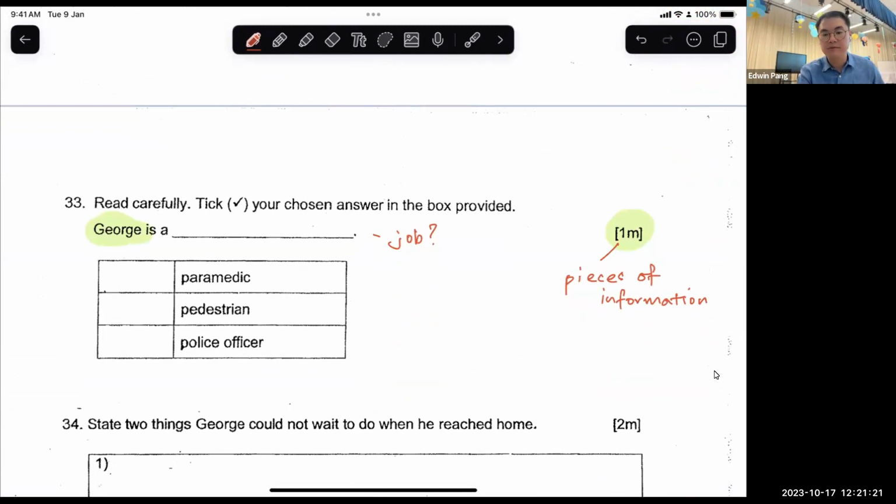Unmute yourself, please. Unmute yourself on Zoom and answer my question, please, Hidayah. Hidayah, are you there? Can you hear me?